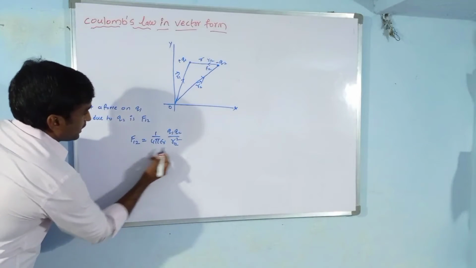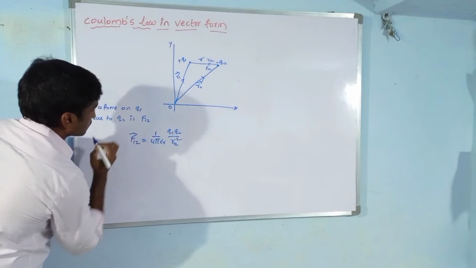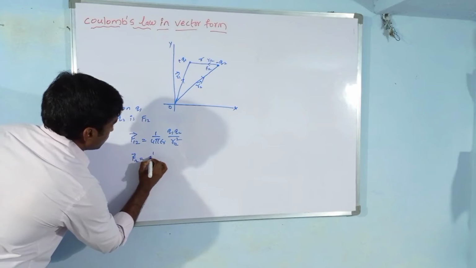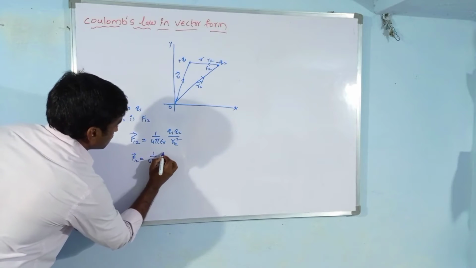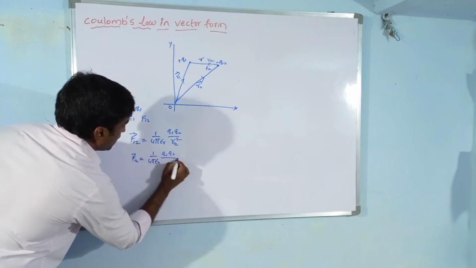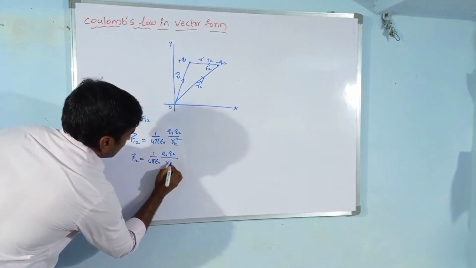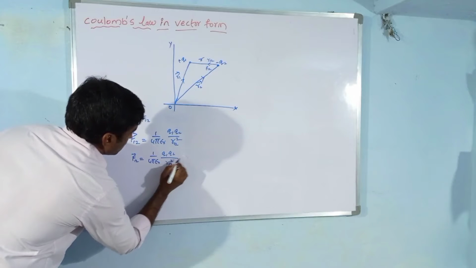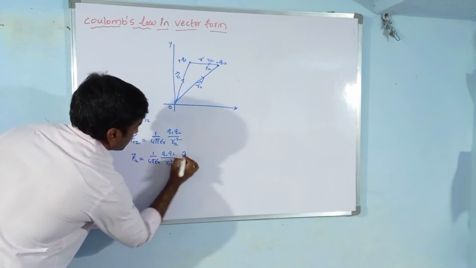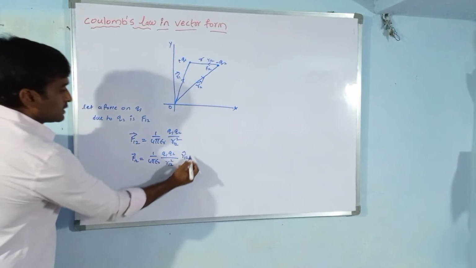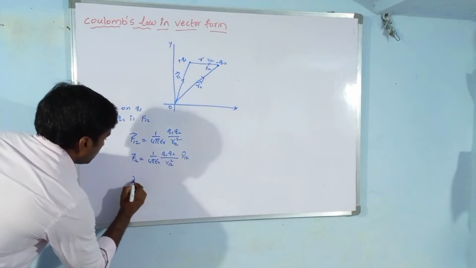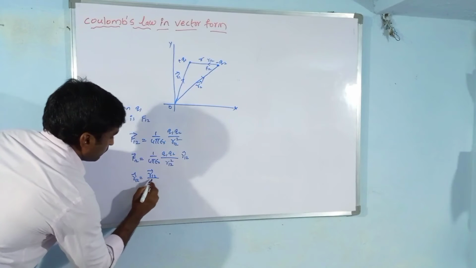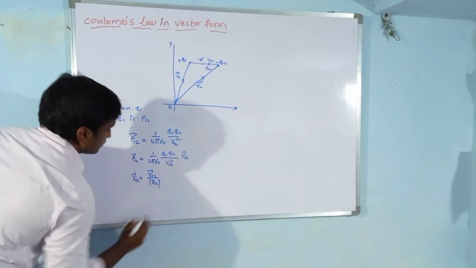If I take the vector form, F12 is equal to 1 by 4 pi epsilon naught q1 q2 by r12 square into r12 cap. So this is a vector. What is r12 cap? That is r12 vector by magnitude of r12.